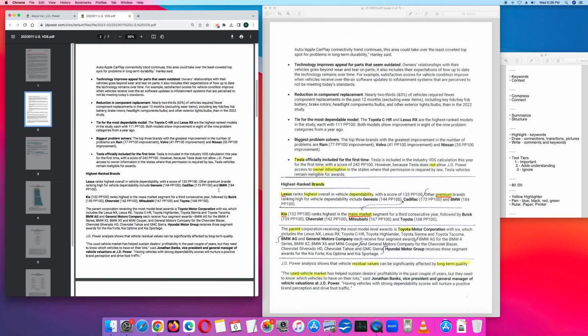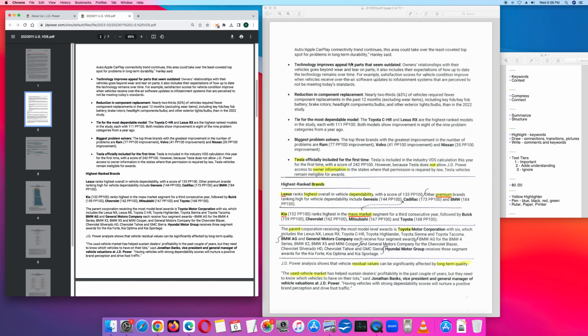So page 2, one of the things I want you to notice is that the top half is all white. There's no yellow. When I read this in the future, I'm going to ignore it. It had nothing to do with my purpose, which is to extract information that I needed to make a decision on a car.